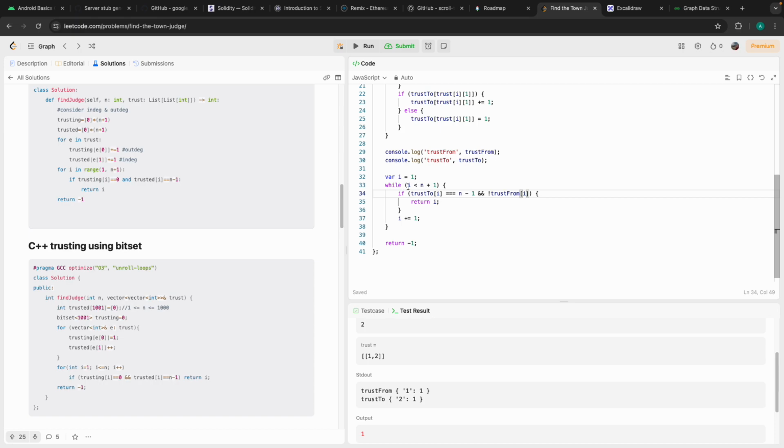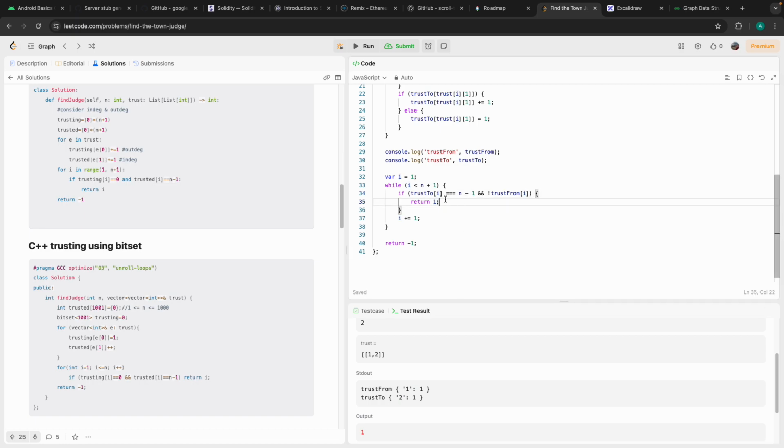If trust to 1 equals n minus 1 and trust from 1 is 0 or nothing, then return i.